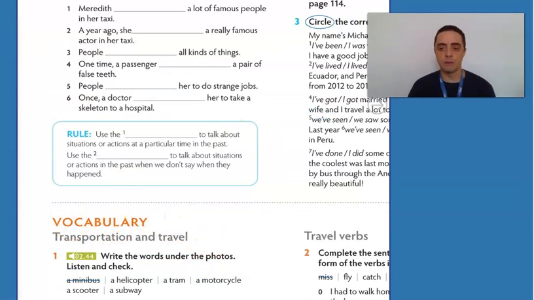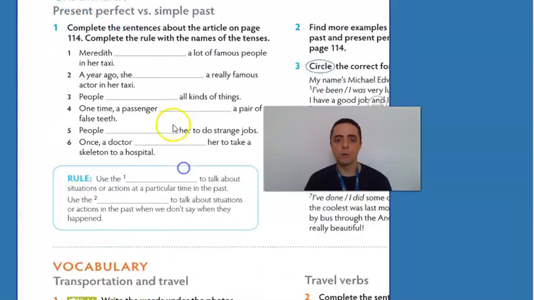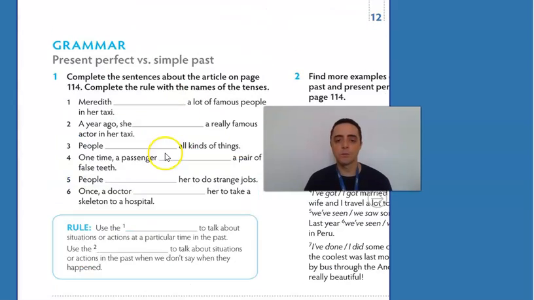So, the rule will be, use the simple past to talk about situations or actions at a particular time in the past. So number 1 here will be simple past. We use simple past to talk about situations or actions at a particular time in the past.